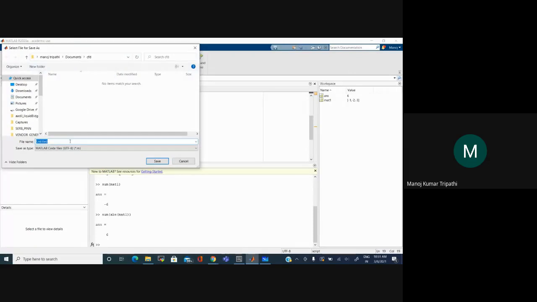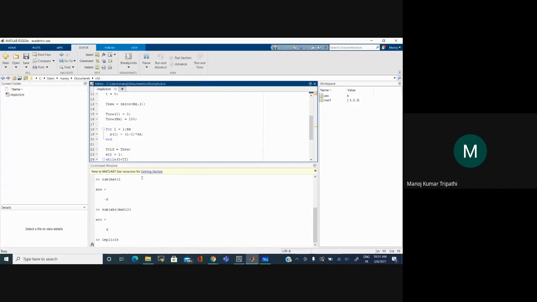You have to save this. Let's write implicit. You can see it is running. It is showing as busy here on the left hand bottom corner. So it is taking some time to do this. You can see it is taking a lot more time than explicit scheme.